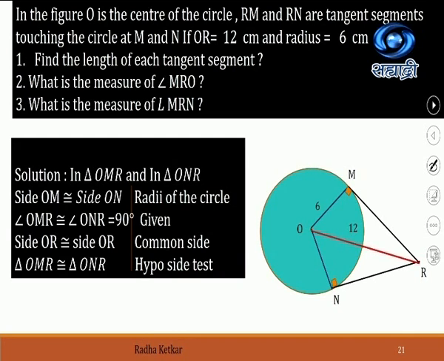So consider the two triangles which are formed, triangle OMR and triangle ONR. Side OM is equal to side ON, radii of the same circle. Angle OMR and angle ONR are 90 degrees, because we know that these are tangent segments, so they will be perpendicular to the radius. Side OR is congruent to side OR, common side, and that's why triangle OMR and triangle ONR are congruent by the hypotenuse side test.